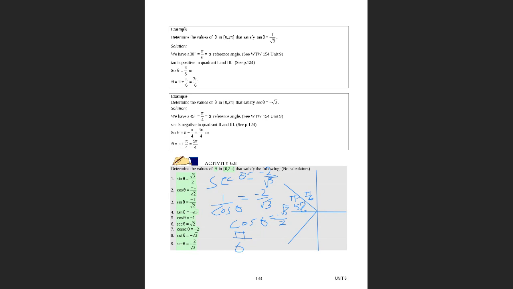Then here it will be pi plus pi over 6, which gives you 7 pi over 6. So it's the same procedure, and you can use it to do all the examples. Yes, sir. That's fine. Okay, good. Yes, thanks, sir.